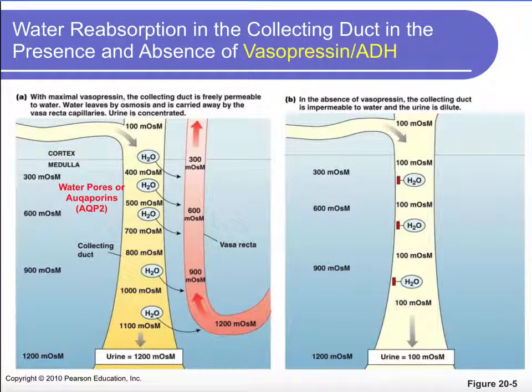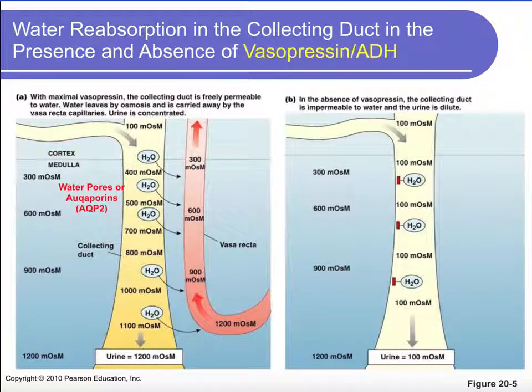So when vasopressin is released, it's an antidiuretic, so it causes you to not produce urine. So essentially what it does in the kidneys is it causes you to retain water. So if you retain water, you're going to increase blood volume. So let's see how it works.